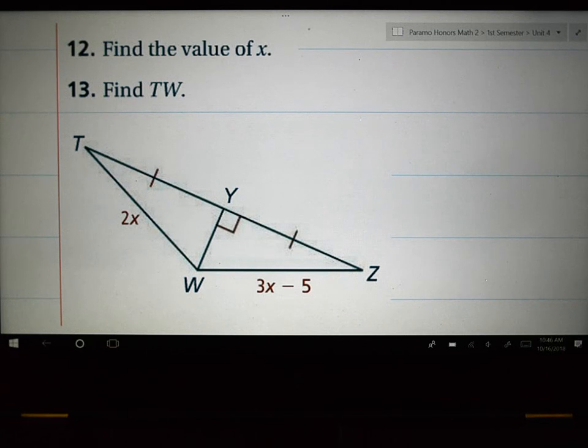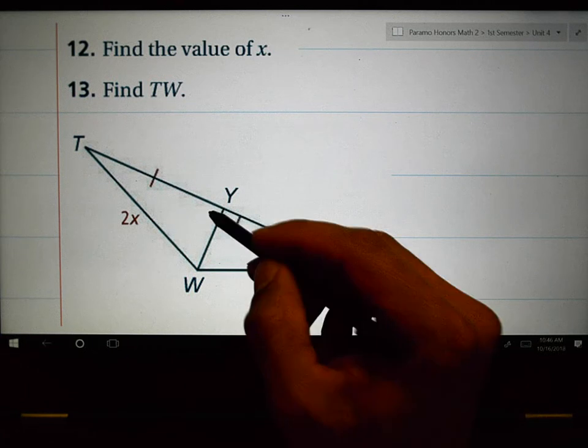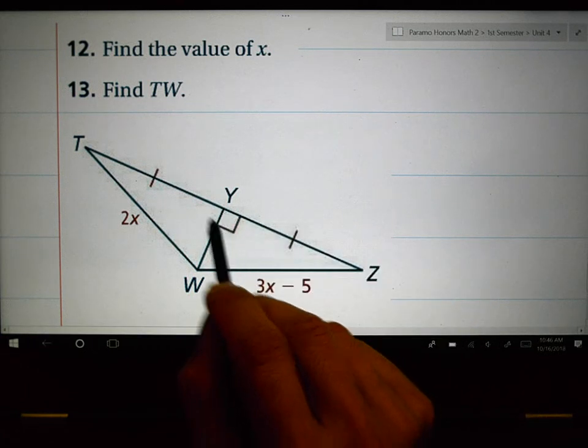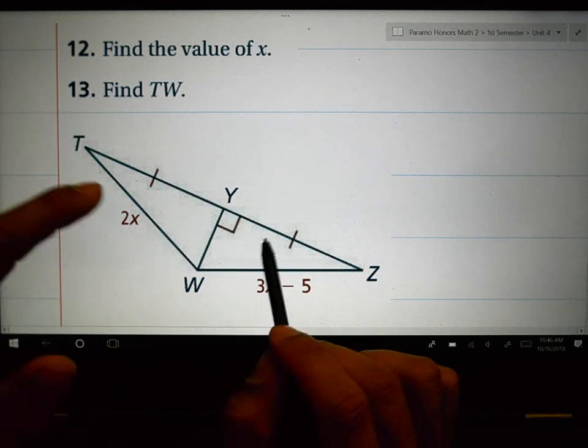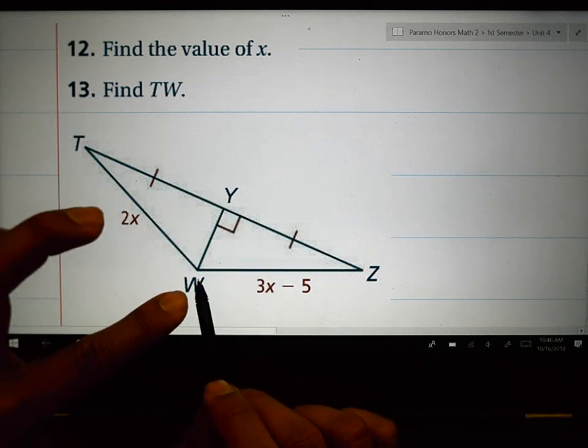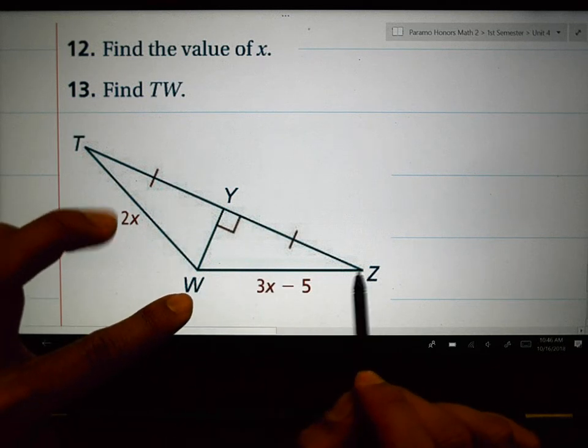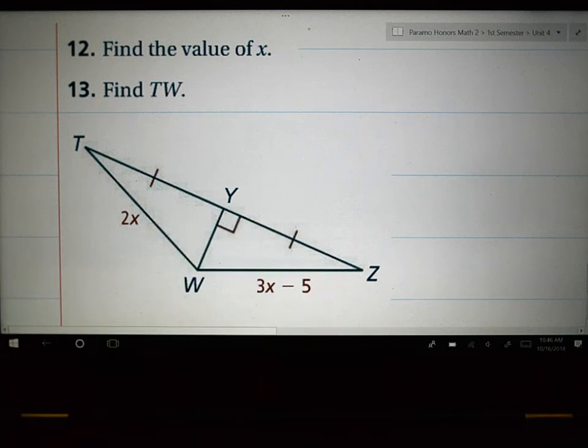Good. It is a perpendicular bisector, if you didn't know. This is a perpendicular bisector because it's perpendicular and those two pieces are congruent. And because it's a perpendicular bisector, the distance from W to the endpoint and W to the other endpoint need to be congruent or the same.